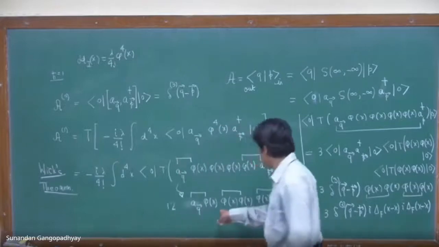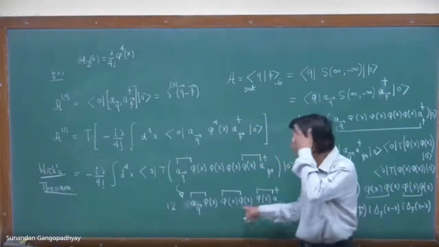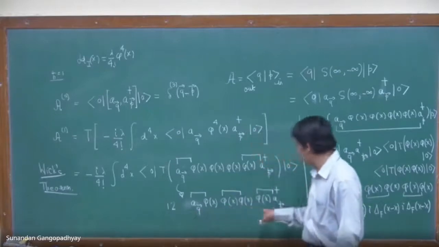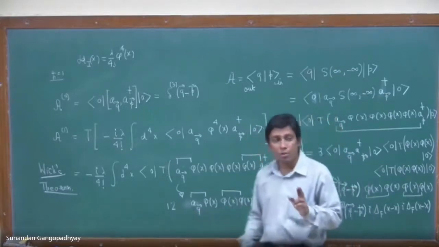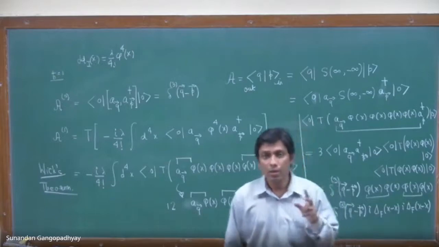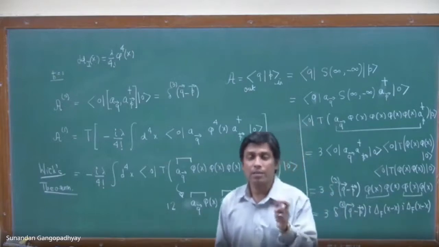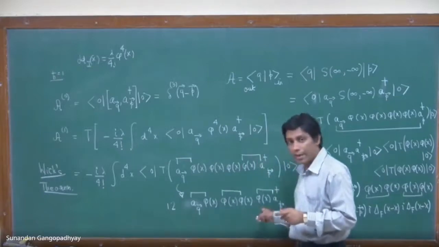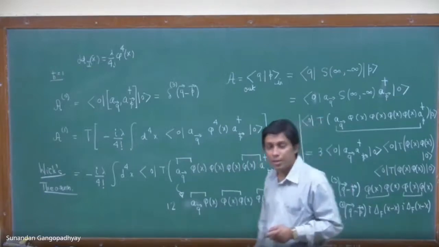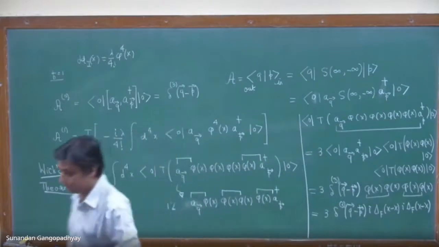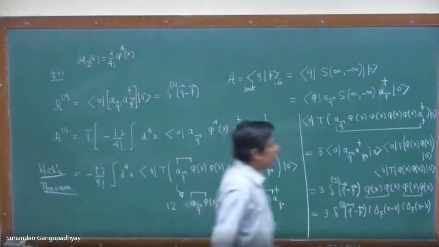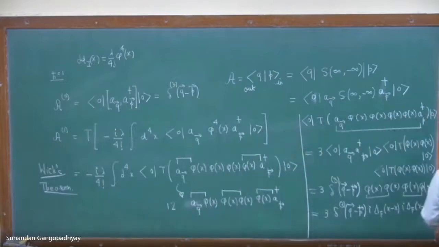See, this you already know. What is this term? This is i delta F x minus x. But this contraction and these contractions are not contractions among phi's. These are contractions among A's. This is a mixed type of contraction. It is a contraction between a field phi at x and the creation operator or the annihilation operator. So we need to figure out what this contraction means.